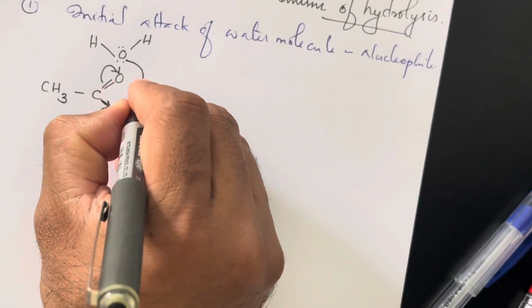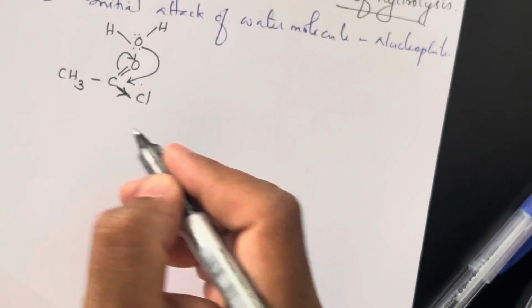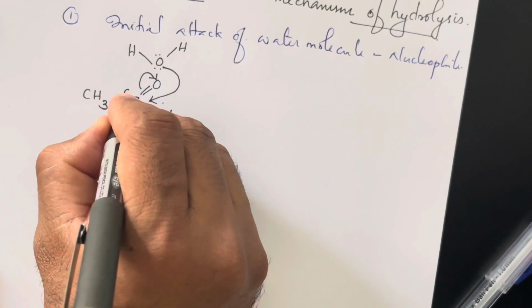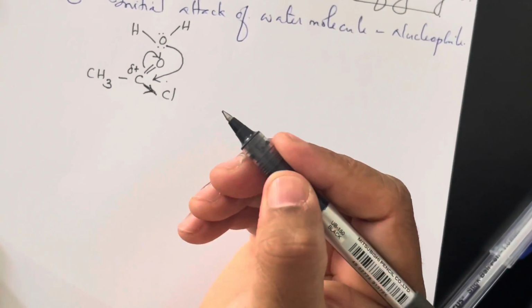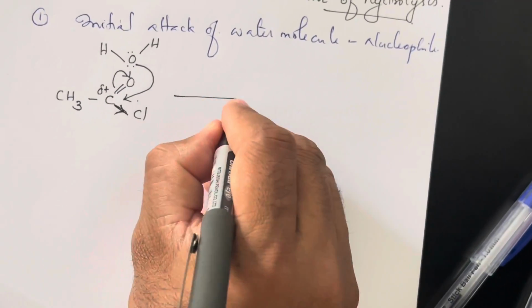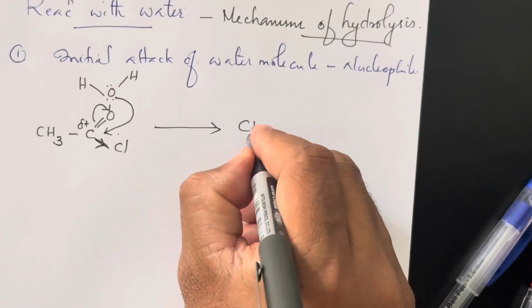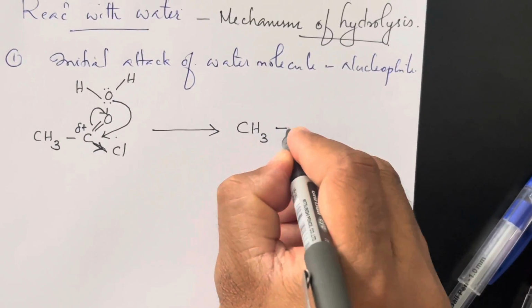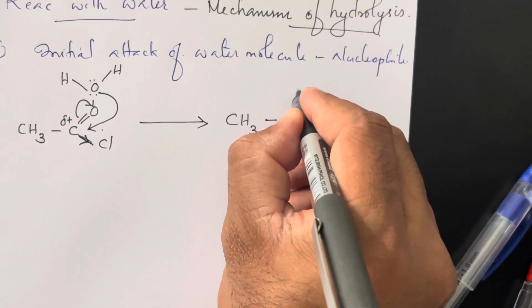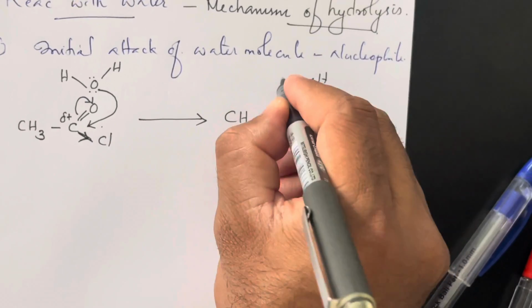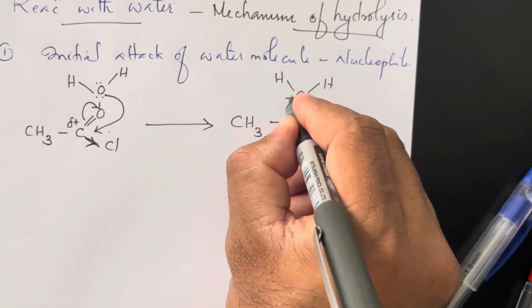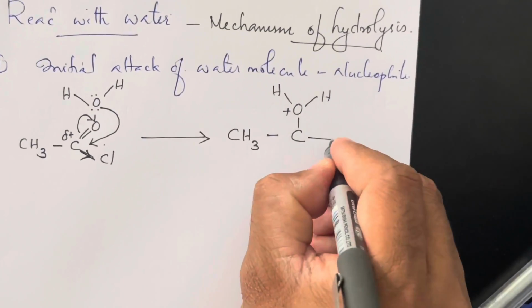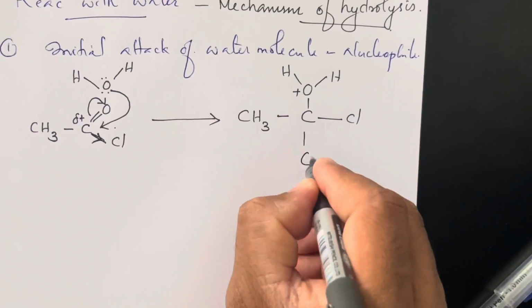This lone pair will come to attach to this carbon. This carbon possesses a slight positive charge. So what will happen here? An intermediate complex will form: CH3, CO, H, this oxygen possesses a small positive charge, Cl, then O minus.